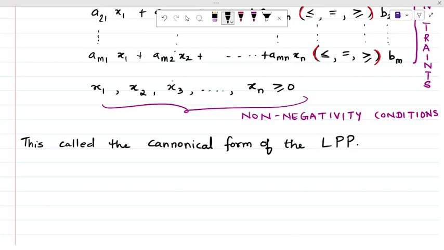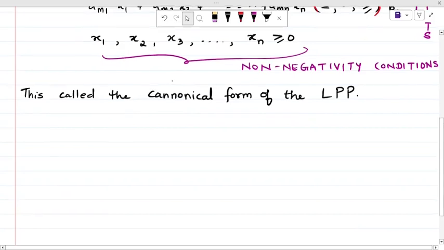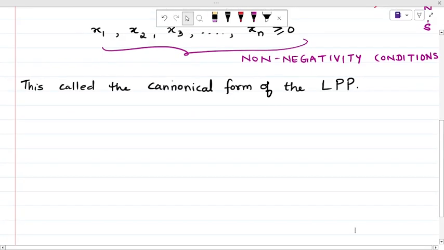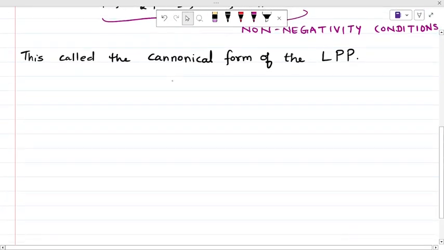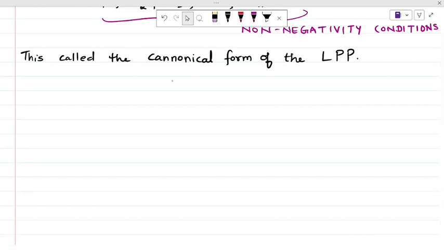Now the above linear programming problem can be written in a much better way using some compact notation and some matrix notation. I'll help you out with how it is written in short.